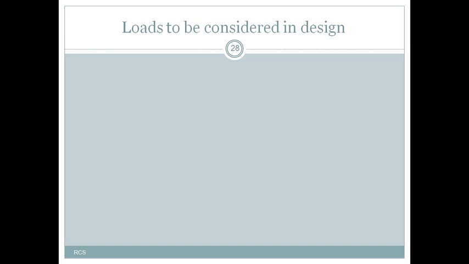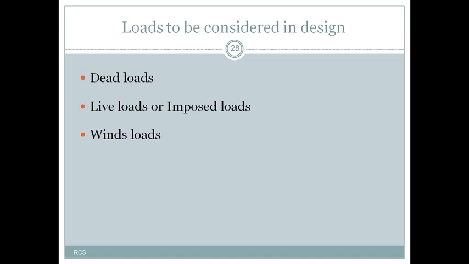These are the codes available to design the RC elements, and we can use them whenever required. The loads to be considered for designing the RC element are dead load, live load, also called imposed load, wind loads, earthquake loads, and snow loads.